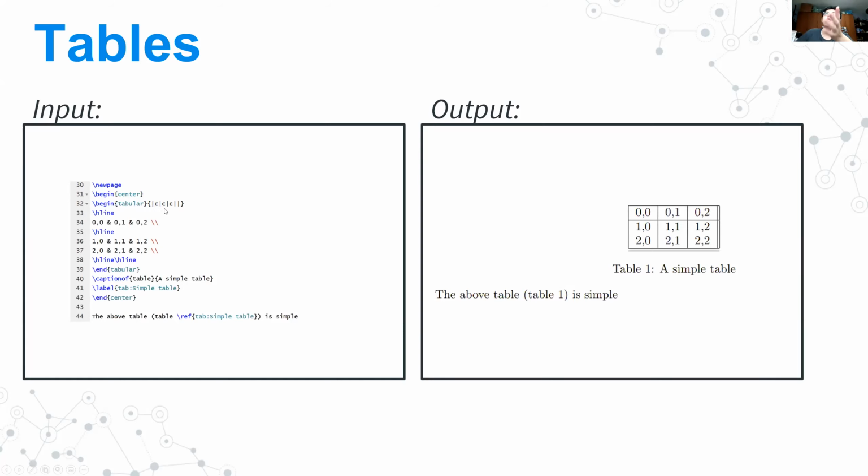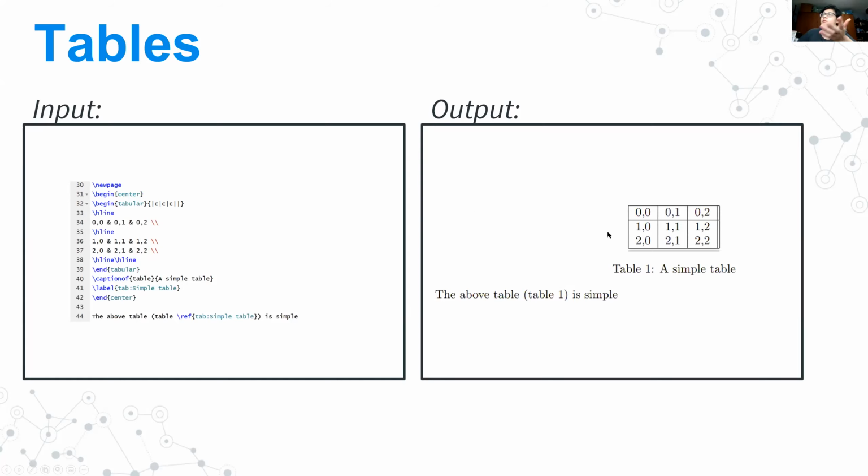In this case I want 3 columns, and between each column I want to put one line like this. Then for the last one, just as an example, I want 2 lines, so I just put 2 lines without anything in the middle, and LaTeX will read this as 2 lines at the end. If you want 3 lines, you put 3 lines. If you want 4 lines, you put 4 lines. You want as many lines as you want, you just continue putting the lines.